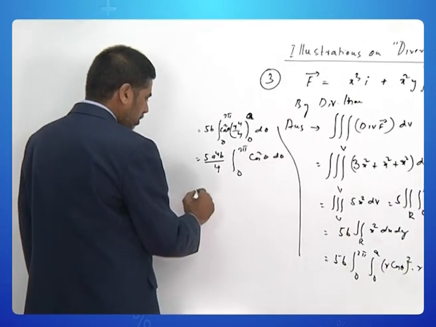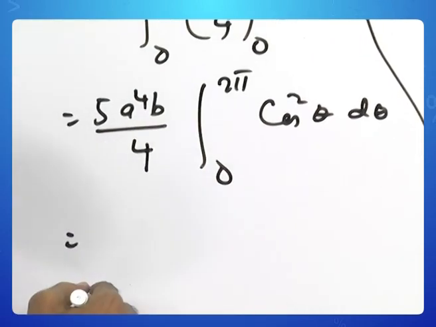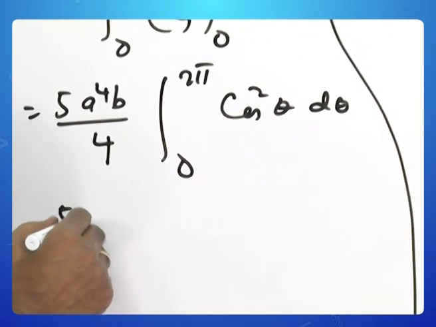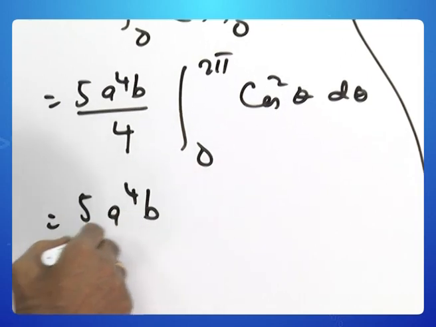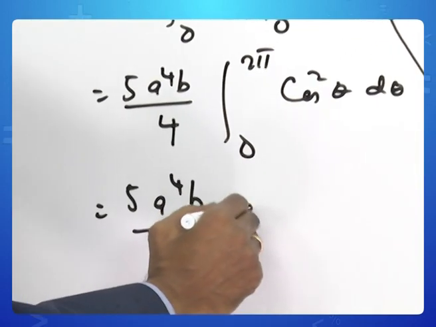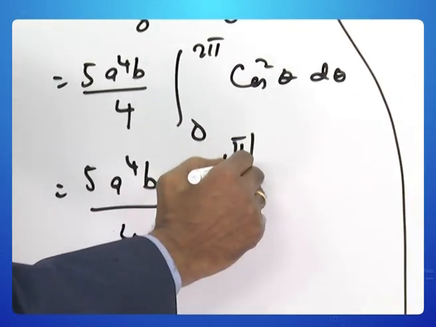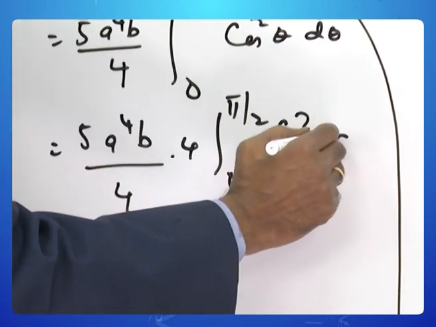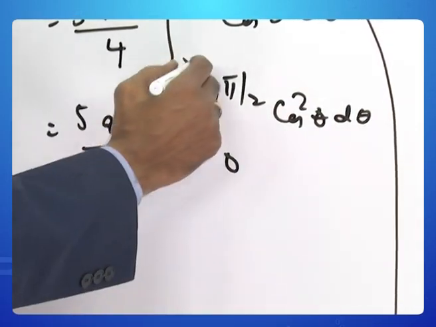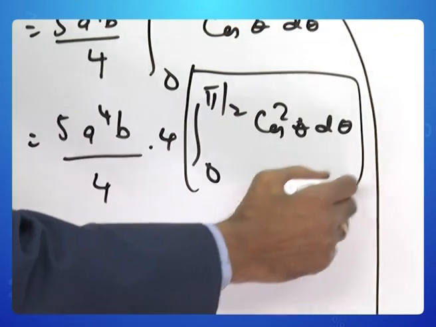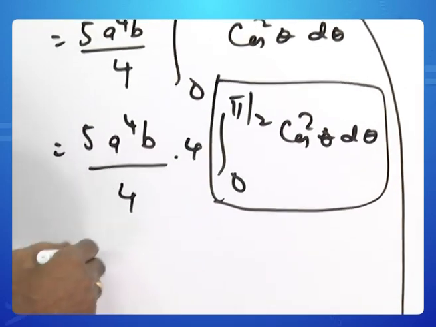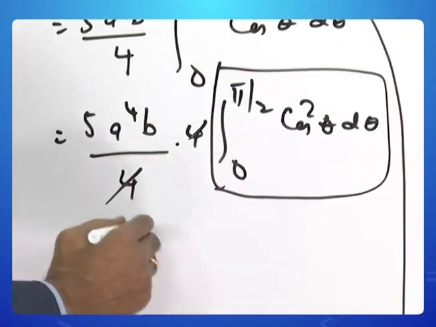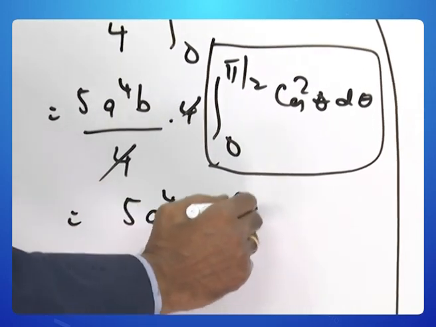Now we can write this 0 to 2 pi range as 4 times 0 to pi by 2. So 5a power 4 b by 4 into 4 times the integral 0 to pi by 2 of cos square theta d theta. But by this time all of us know this is a well known integral and whose value is pi by 4.